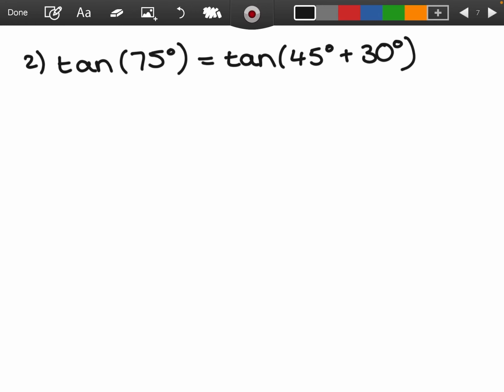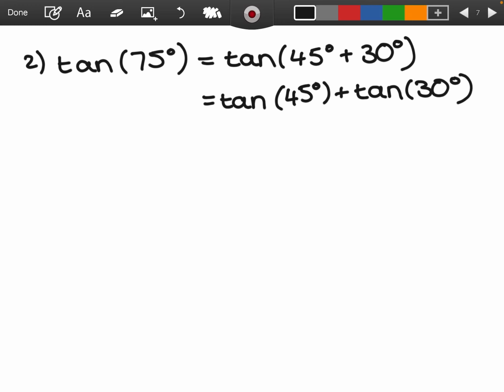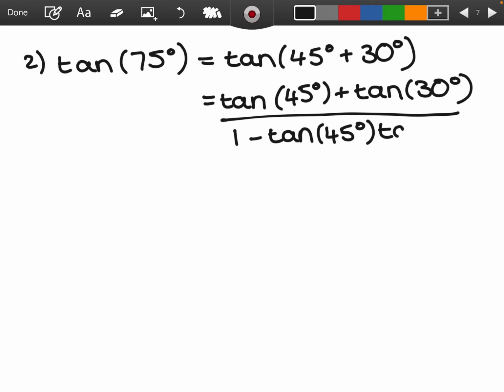Now I know a lot about those two angles, so I can go ahead and use that sum formula for tan and figure out what tan of 75 degrees is. So it's going to be tan of the first angle plus tan of the second angle divided by 1 minus tan of the first angle, tan of the second angle.